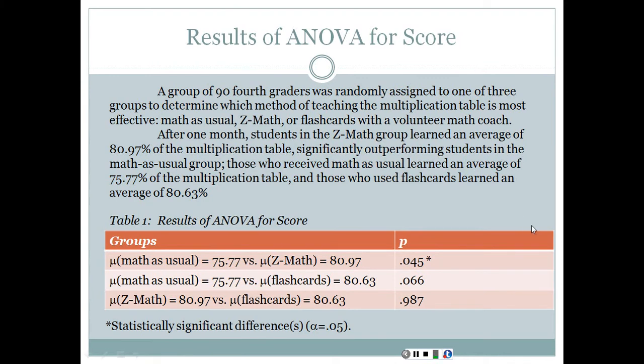After 1 month, students in the ZMath group learned an average of 80.97% of the multiplication table, significantly outperforming students in the math as usual group, who learned an average of 75.77%, and those who used flashcards learned an average of 80.63%. So this states the means for each group as well as the groups that were significantly different.